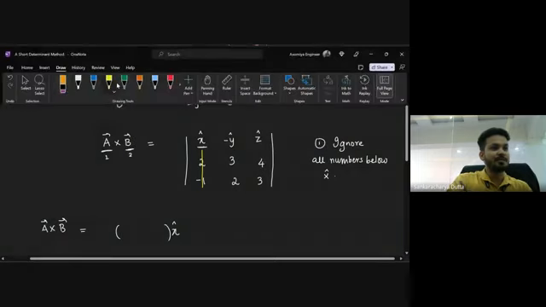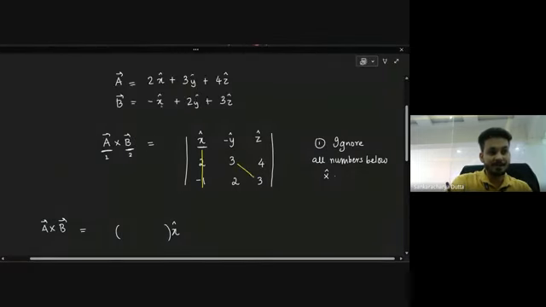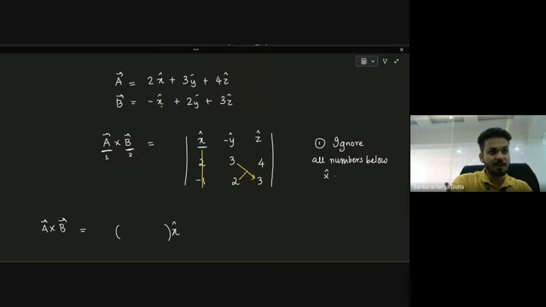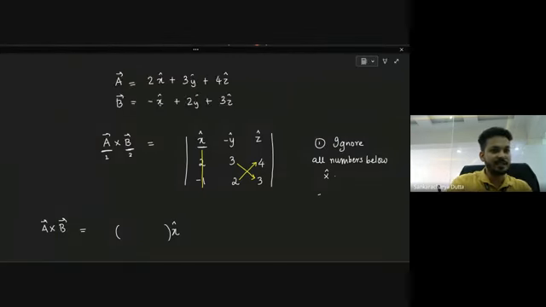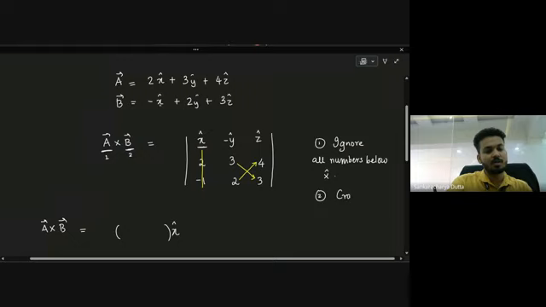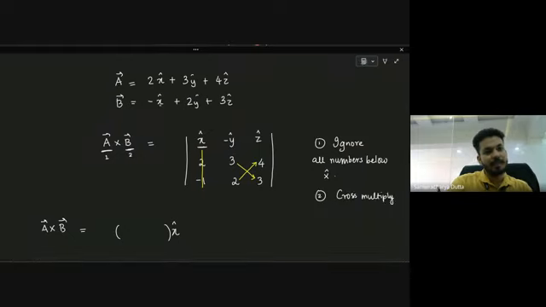In here, what you have to do is cross multiply and subtract. Cross multiply and subtract. So the second step is cross multiply and subtract.